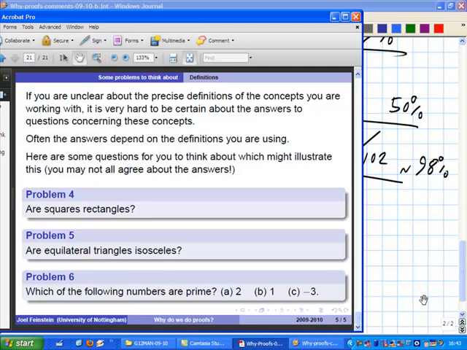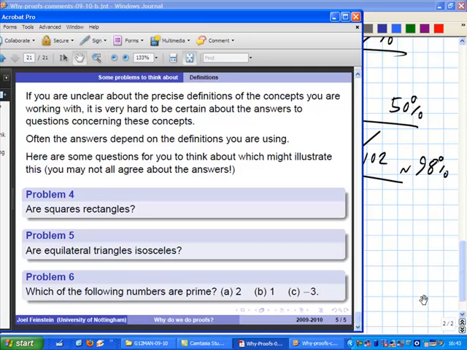Because I think everyone agrees that 2 is a prime number, and so you better come up with a definition of prime that allows that. Mathematicians insist that 1 is not a prime number, so whatever definition of prime you're using, you better make sure that 1 doesn't satisfy it.